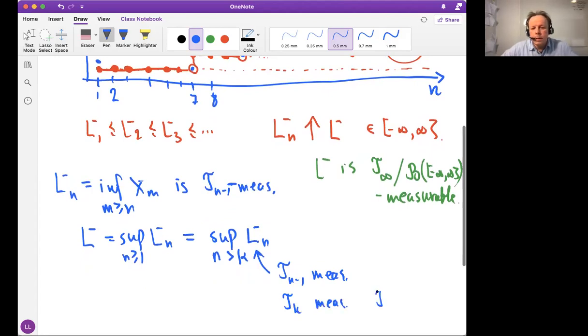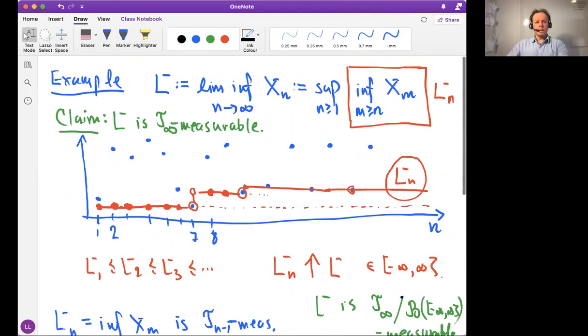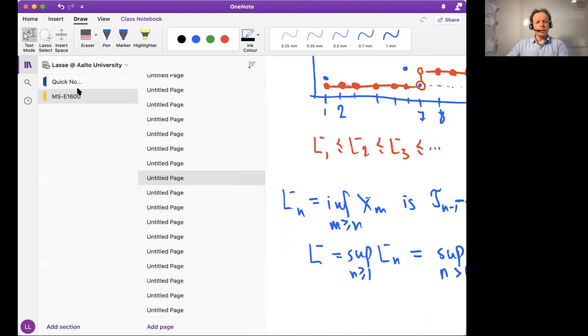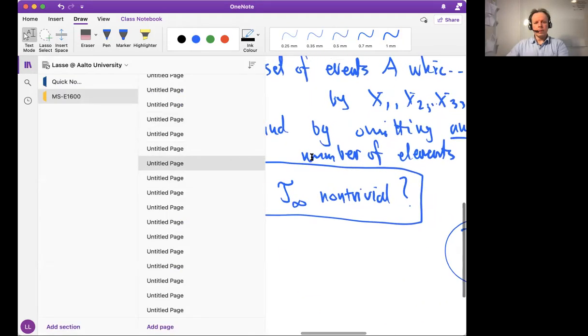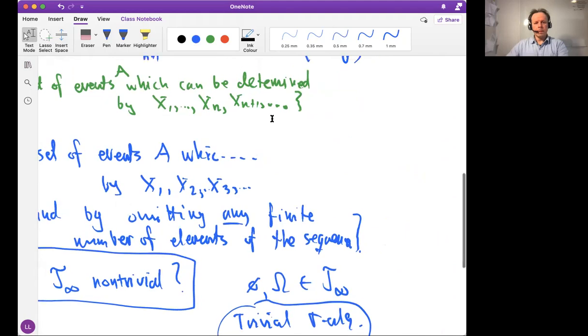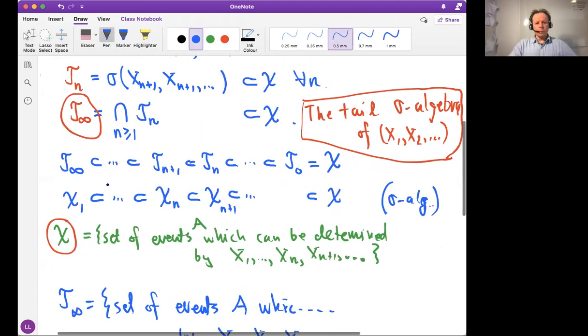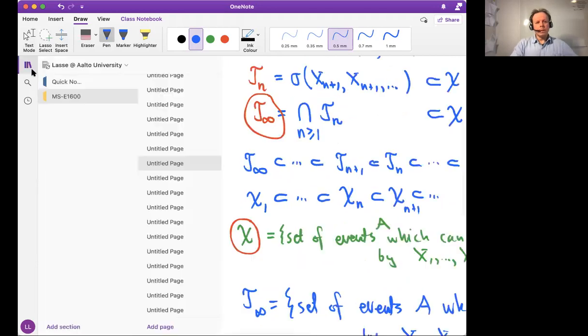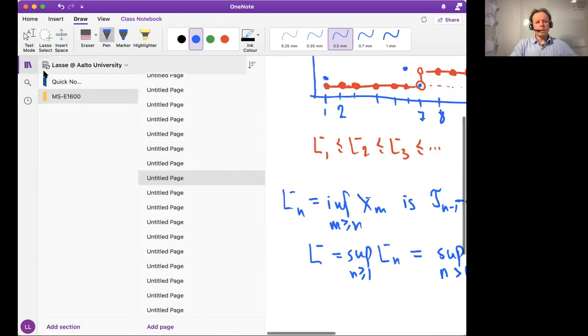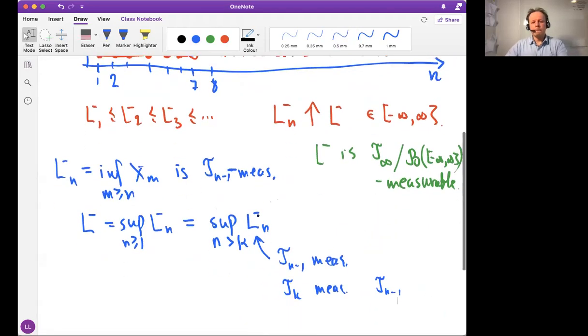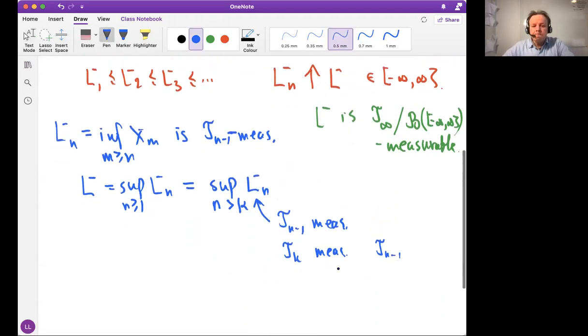Because T_{n-1}, let's see in the beginning, we remember that these T sigma algebras were ordered so that this is the smallest. And that's why if we go back here, T_k is the smaller value.